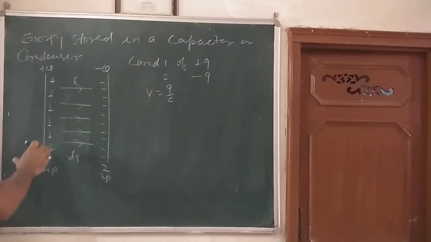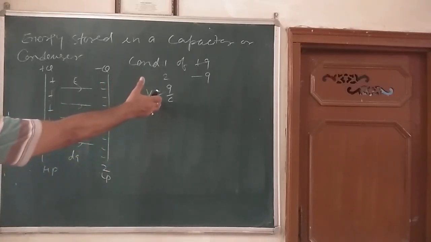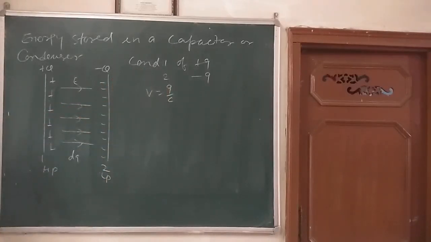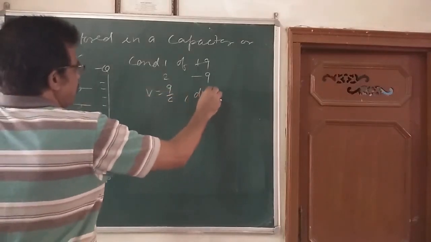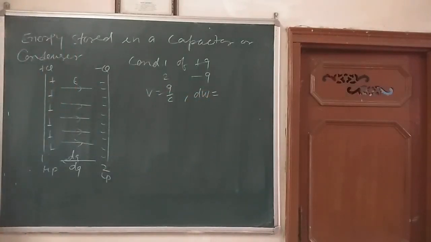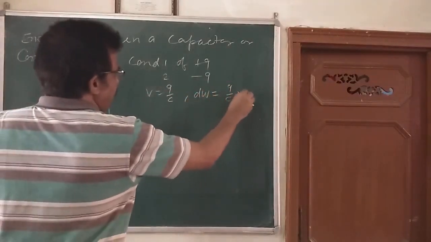Suppose the condenser is charged gradually and at any stage the potential difference V is equal to q by C. Now small amount of work done in giving an additional charge, say dq here. So I have to do some work. Is that clear? I am giving some additional charge to conductor 1. Then I can say I have to do some work, and that work would be dW is equal to q by C into dq.